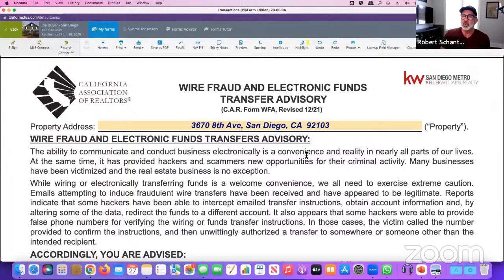Then when it gets closer to when the big money needs to be wired to close escrow, they create a fake email address and send a fake email to the buyer saying, "Hey, this is Aida. I'm in a class today, but escrow just called me and says they need your $50,000 wired before 11 so we can close escrow on Friday."